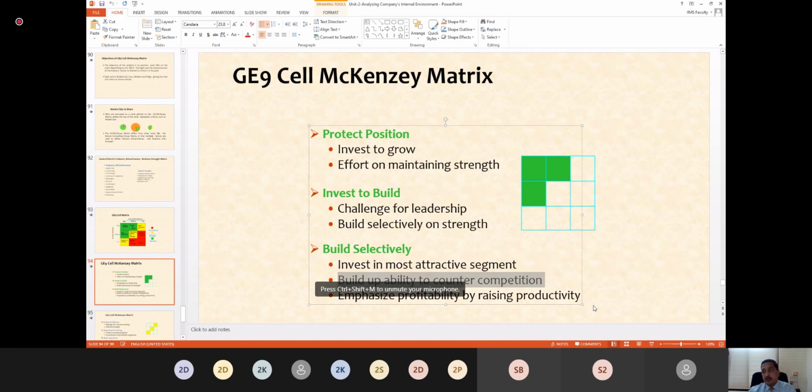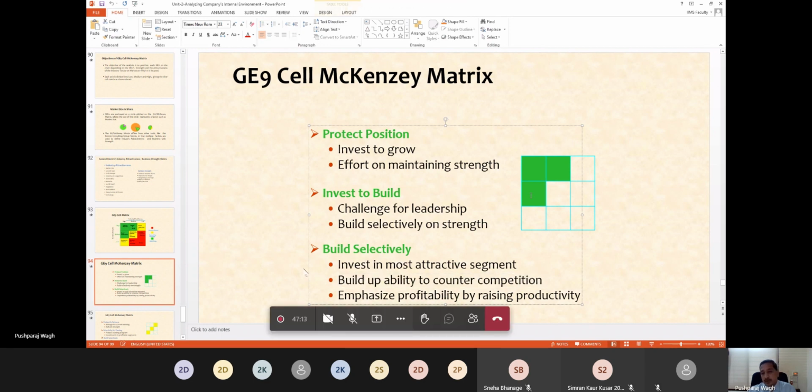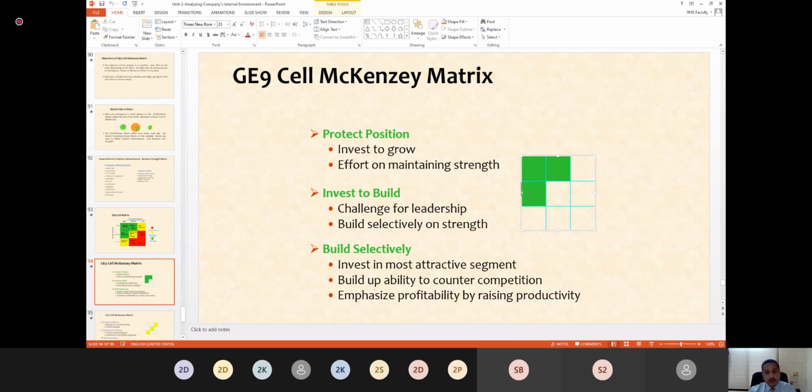Here also you can take more benefit of the opportunities by selecting a few opportunities, and more focus can be given to productivity. Productivity can be enhanced and thereby we can increase profitability. So this is the green zone, wherein there are good opportunities for business that can be developed further for investment and growth. It is a very attractive segment.